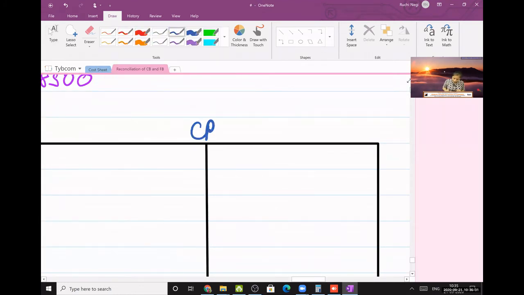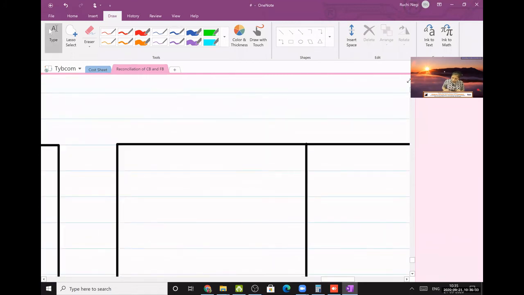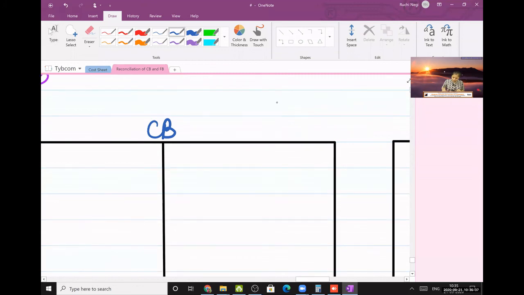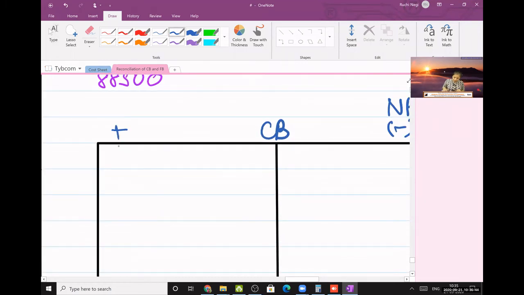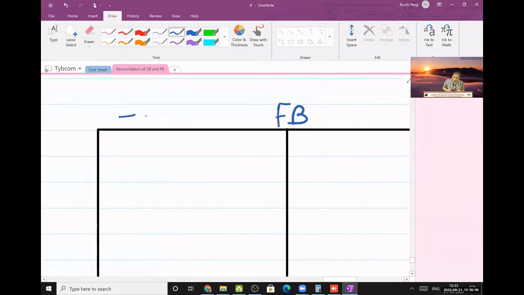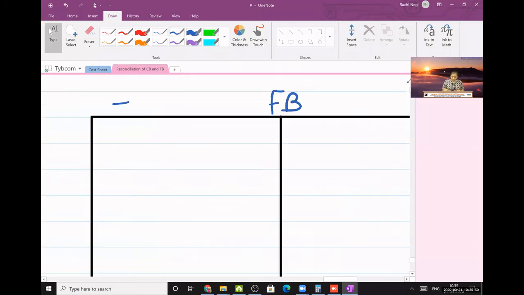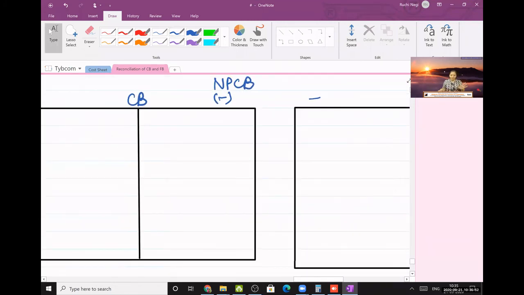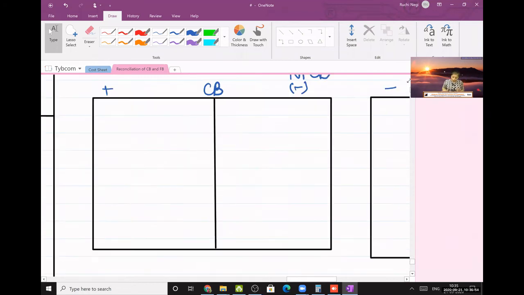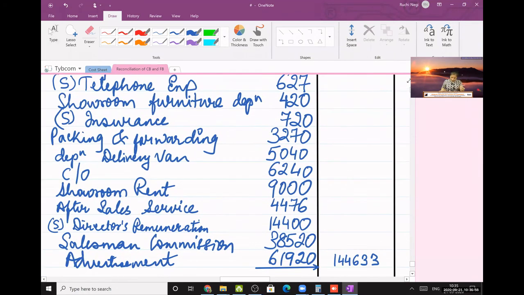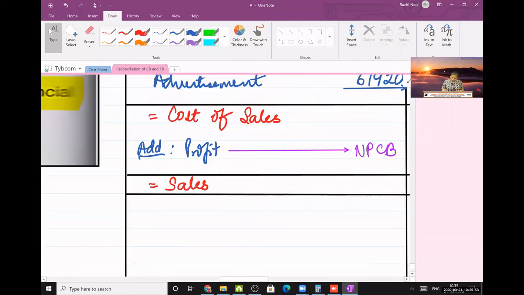So this is my cost books, this is my finance books. I'm starting from here, net profit as per cost books. So my minus sign starts from here, and the opposite sign will be the other one. The only item that I have to reconcile is closing stock. The rest I have copied from there.